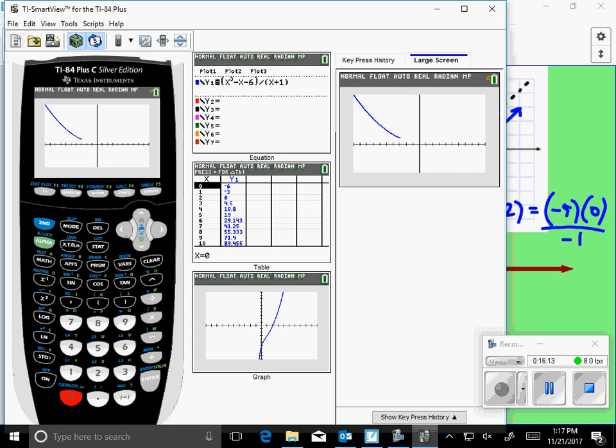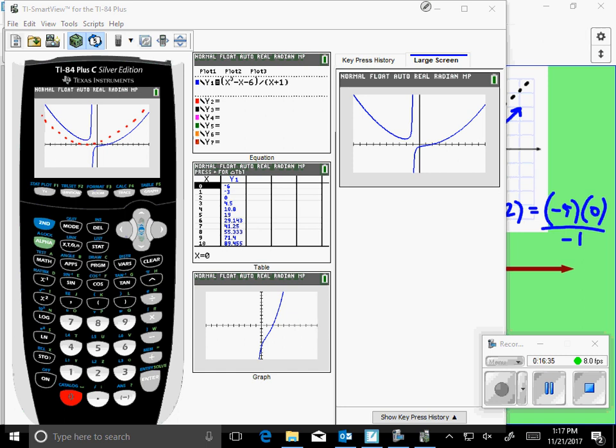Check this out, you guys. Watch how awesome this is. What does this look like? Oh, quadratic. Oh, you guys. How awesome is that? You have no idea how awesome this makes it.